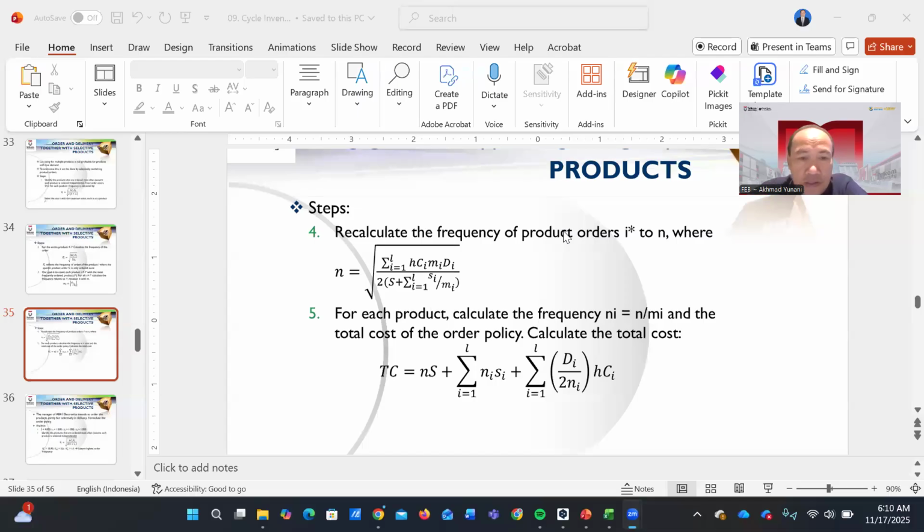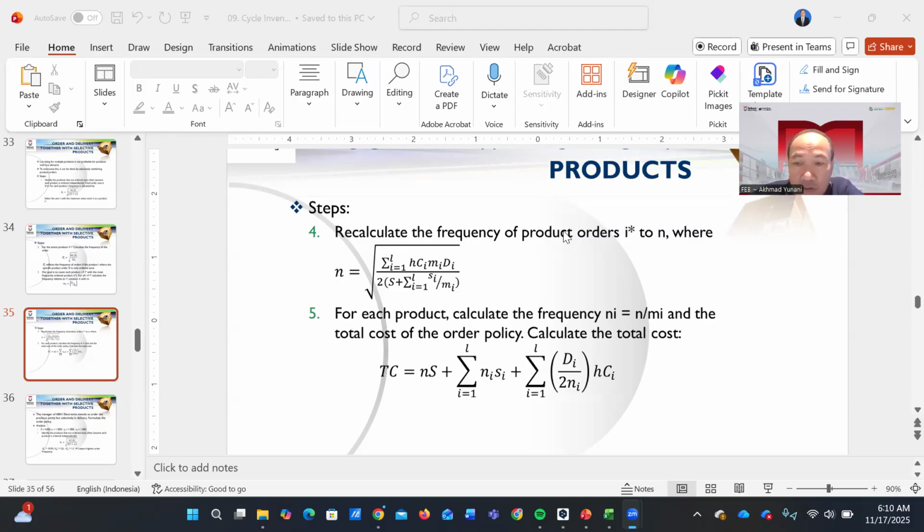Okay, and then let's go on the fixed text. For each product, calculate the frequency Ni. Here, Ni equals N per Mi, and the total cost of the order policy. Calculate the total cost.